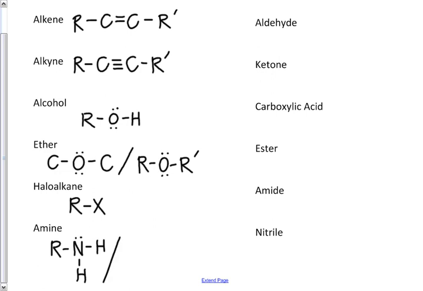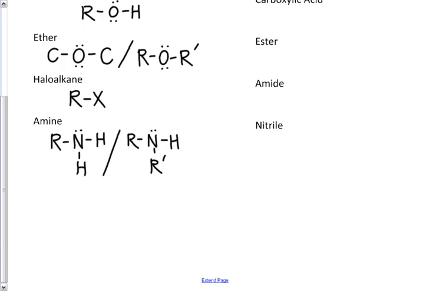You can have what we call a secondary amine, where the nitrogen is attached to two carbons. Or you can have even a tertiary amine. And a tertiary amine is where all of the bonds to the nitrogen are carbon groups. So we can have R prime and R double prime. Those are all considered amines.